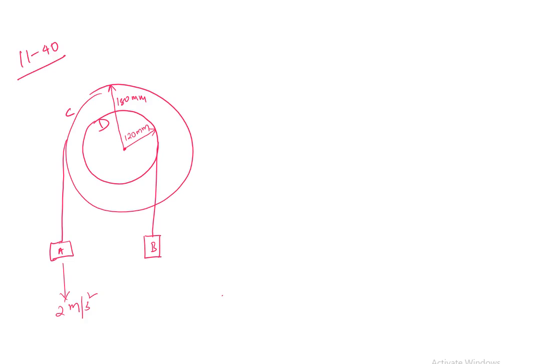Okay, now let's go about solving it. Let's write down all the information that's given to us. Of course, we know the radii. R1 is 120 millimeters, R2 is 180 millimeters, and then we know the linear acceleration of C. What are we asked to find?